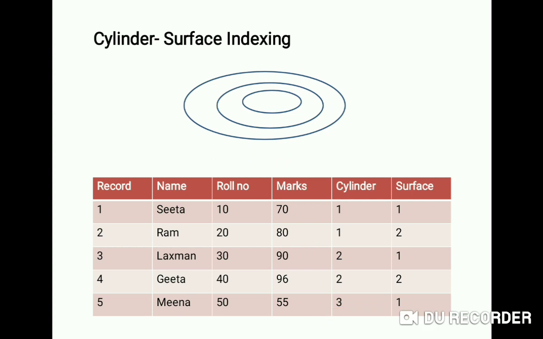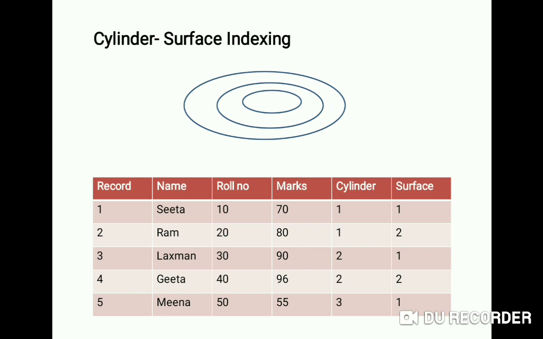So second cylinder is having Lakshman and Geeta, out of which highest marks are 96, right? First entry was 1 Ram. Now second entry will be 2 Geeta. And as the third cylinder is having only one entry, that entry will directly go in index table. So this third entry in the index table will be 3 Meena. Correct? So this is end of the part, cylinder surface indexing.